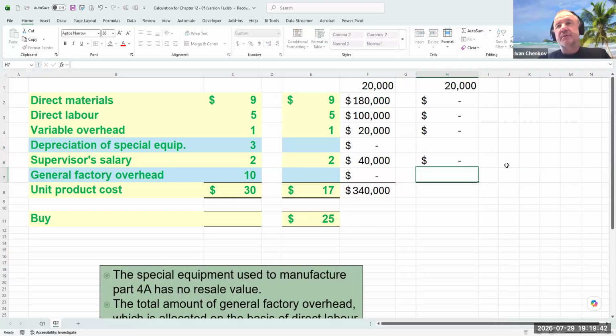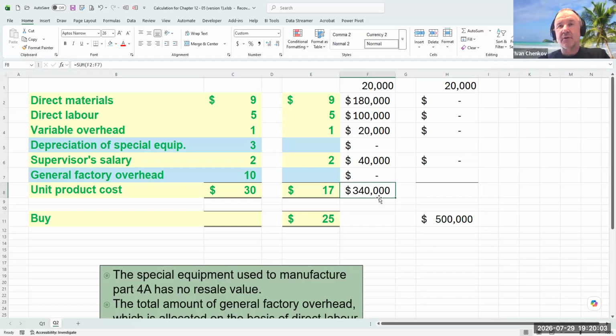My supervision cost is going to be 0. And I have to pay $25 for each unit. So I have to pay $500,000 for something that is going to cost me $340,000.